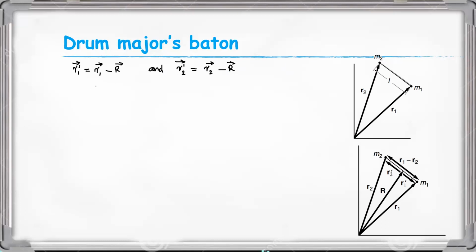And we also know the value of R: R is equal to M1 R1 vector plus M2 R2 vector divided by M1 plus M2. So first we find R1 dash.